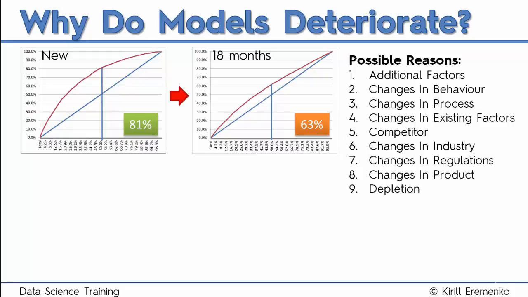Depletion. That's an interesting one. If a model over time has used up the customers or the elements that it's modeling, it's kind of a vicious cycle here. It doesn't apply to all models, only some situations. Say you want some action which is a one-off action, where you can't get that person to make a repeat purchase, or you don't even need them to do that action.